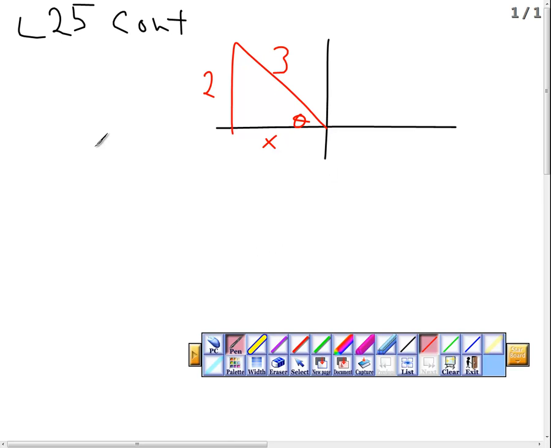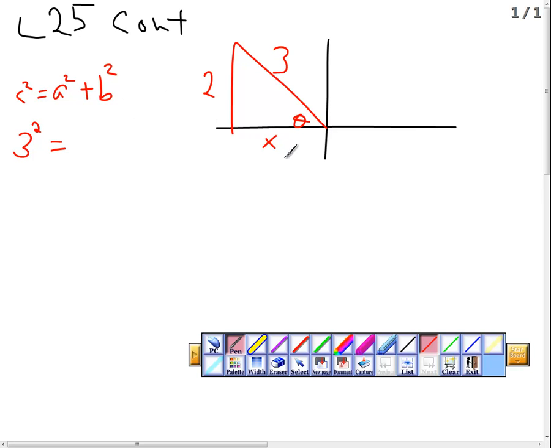If we're using the Pythagorean theorem, c squared equals a squared plus b squared. You always want to start with the hypotenuse, c, which would be which one of the 3 terms here? 3, right. The hypotenuse. So that'd be 3 squared.